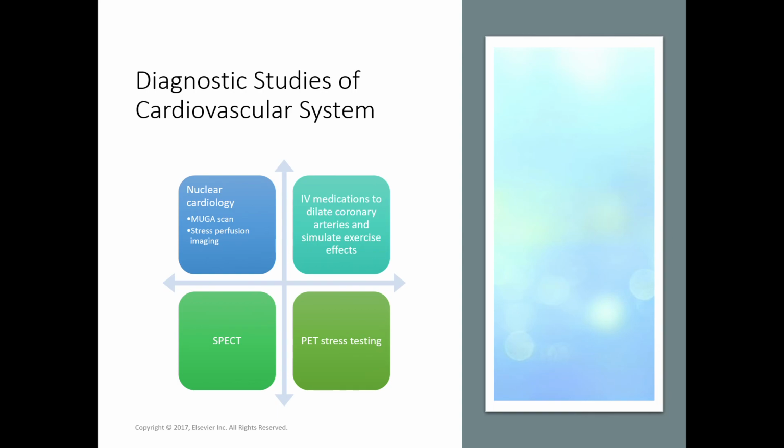The one that they use to diagnose coronary artery disease, more of a prognosis for coronary artery disease, is the perfusion imaging that they can use. Now, the exercise stress perfusion imaging is preferred, but again, if a patient can't exercise, they may need to get some type of stress test, and we just need to monitor that they can get rid of that isotope after injection into their body.